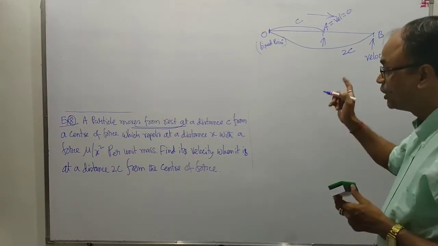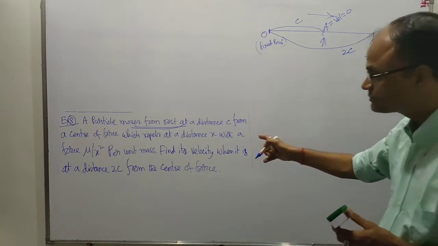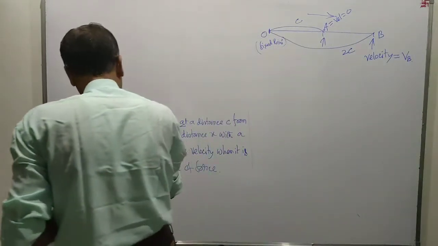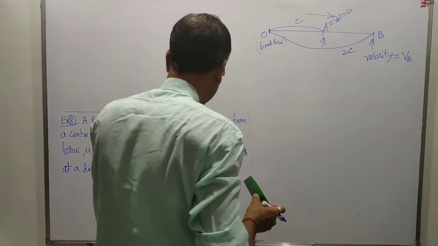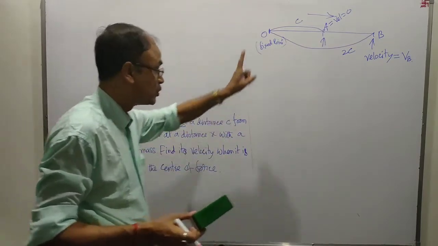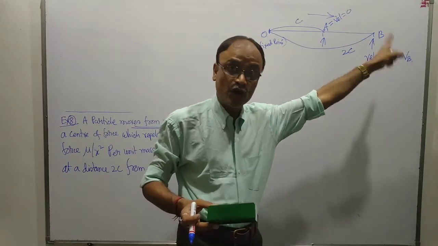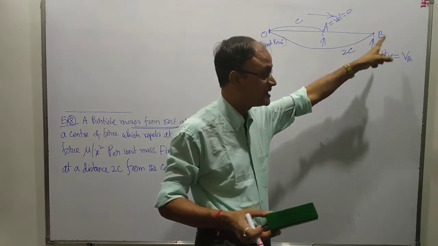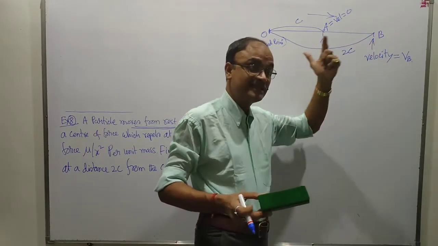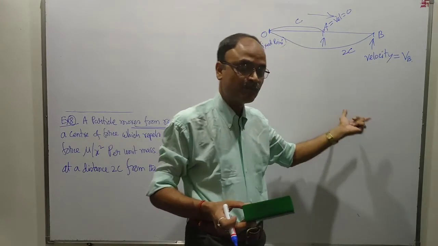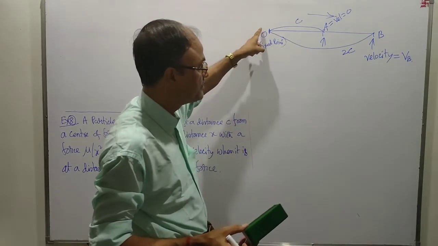Also, with a force mu by x square per unit mass, we have to find the velocity of the particle when it is at the point B, at a distance twice c from O.